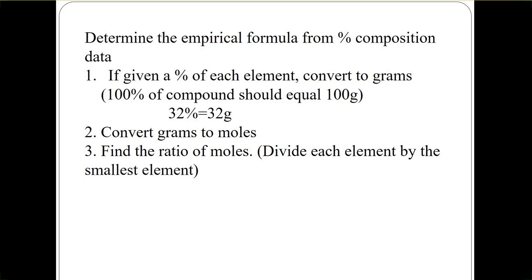How you do this is you assume that you have 100 grams because it makes your problem easier. So with 100 grams, if you have 32% of an element, you would have 32 grams of that element. You next will convert grams to moles, and then you'll find the ratio of moles by dividing through by the lowest number in that set.